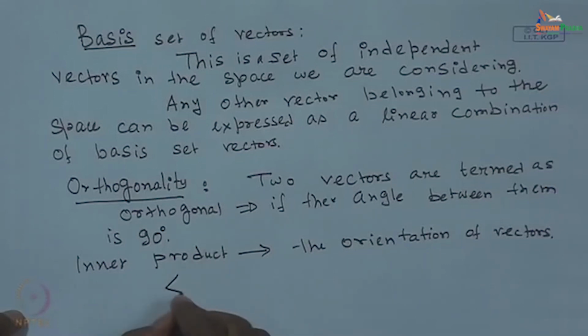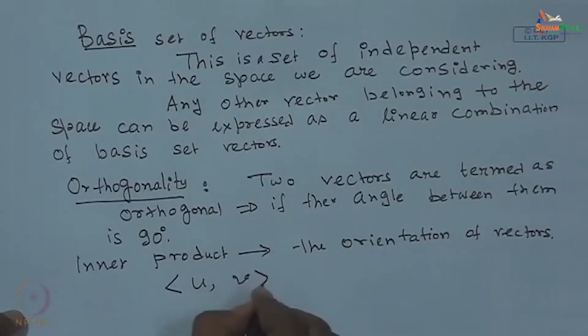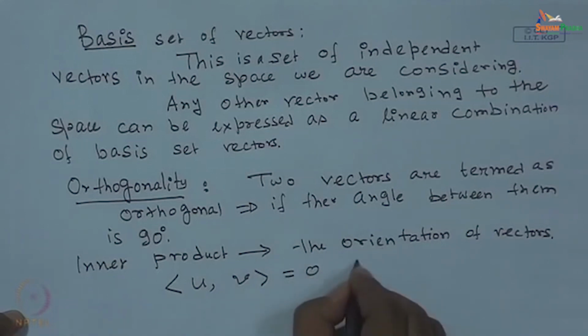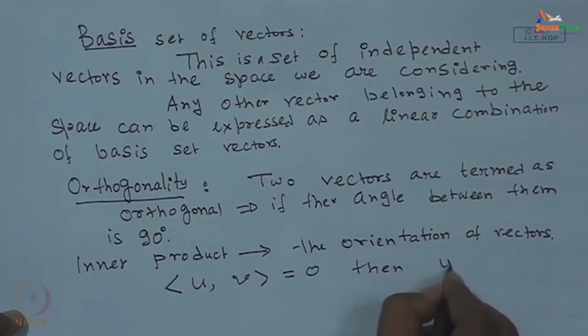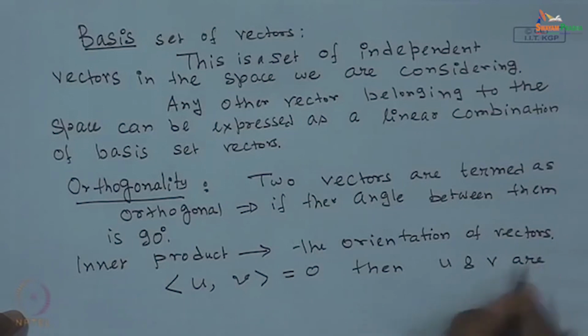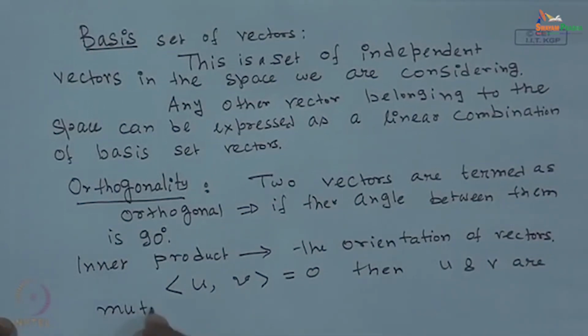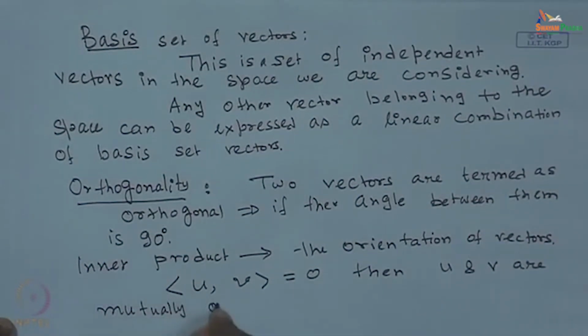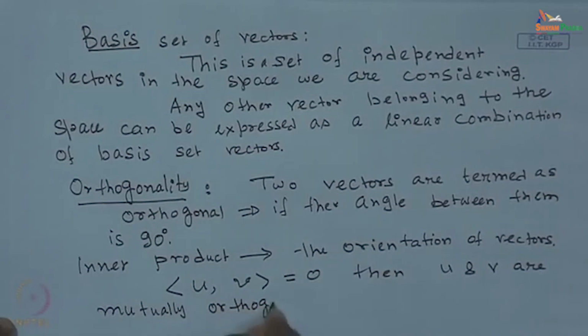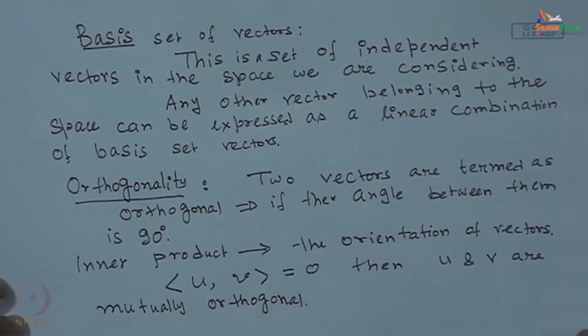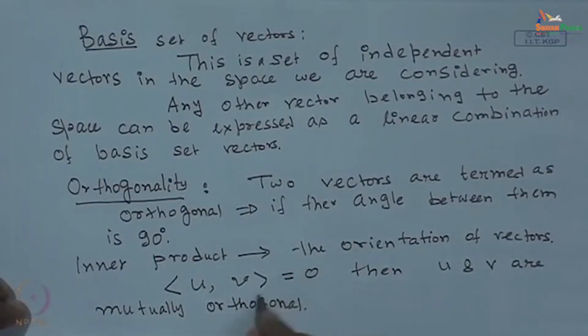If the angle is 90 degrees, then cosine 90 is 0, so the inner product turns out to be 0. That means, if the inner product between two vectors u and v is equal to 0, then u and v are mutually orthogonal. Therefore, this equation gives the criterion of orthogonality of vectors.